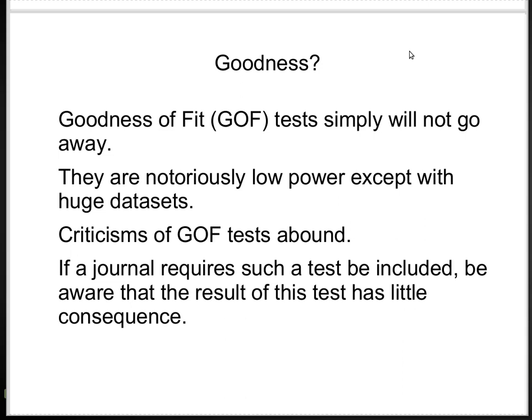You may be obliged to offer the AUC. You may be obliged to offer other goodness of fit tests. All I wish to point out to you is that goodness of fit tests and AUC are subject to a lot of criticism, and I think there's a lot involved in this issue.